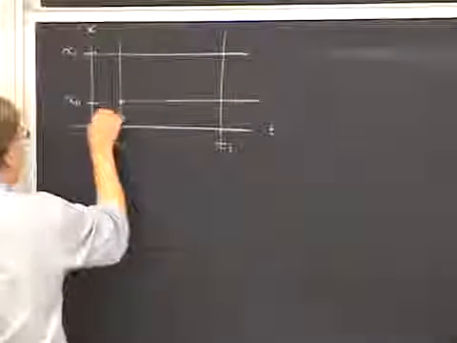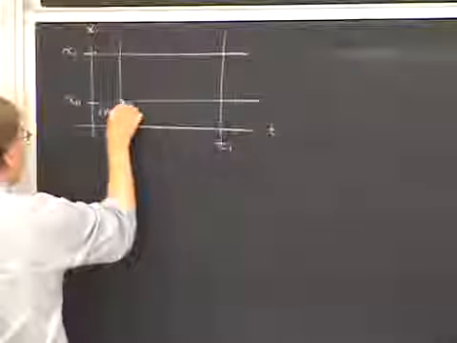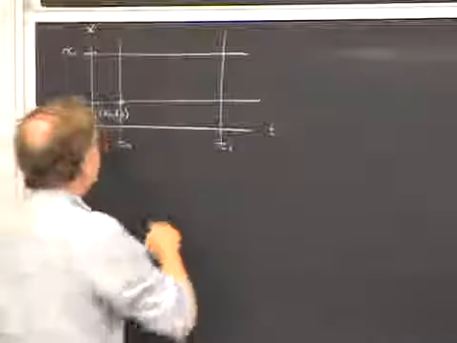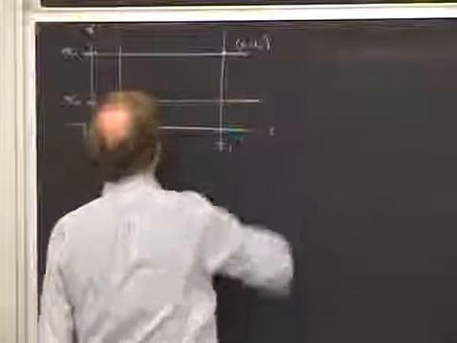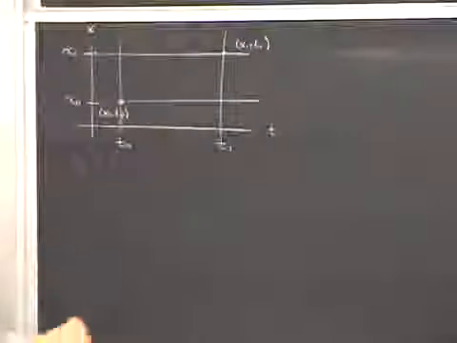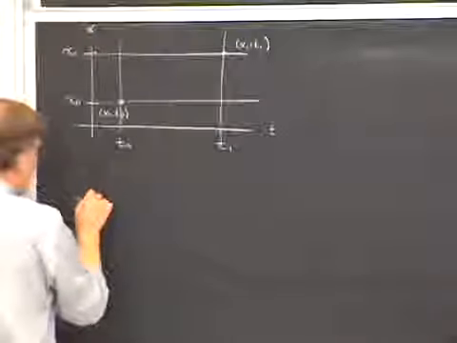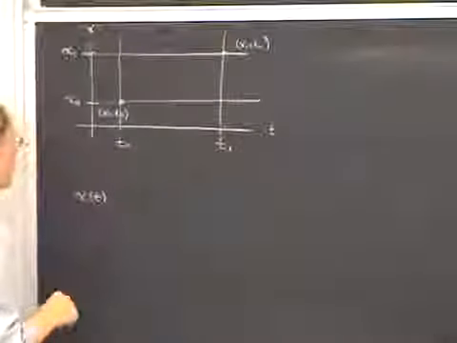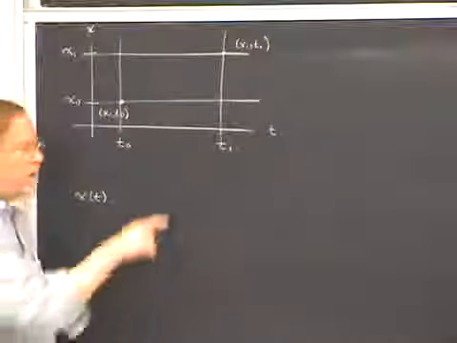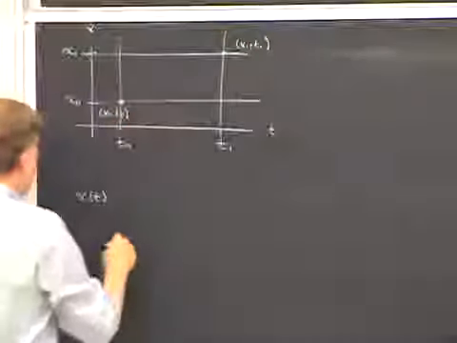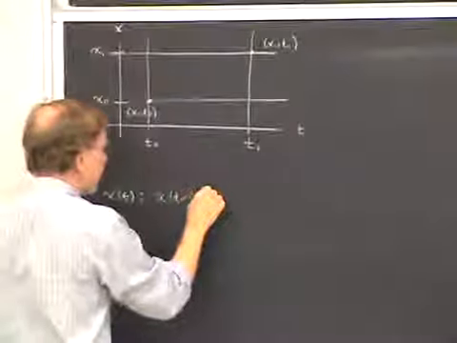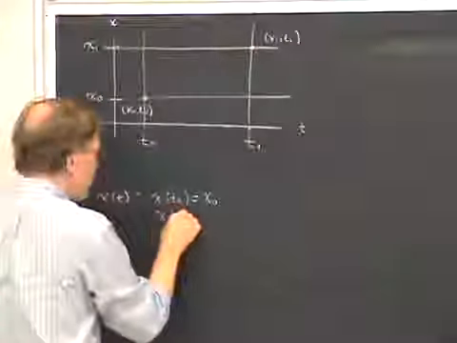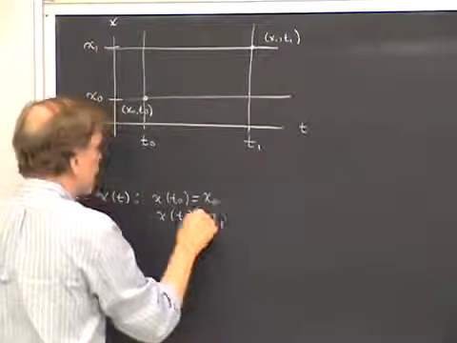The lower left corner is x0, t0, which we think of as initial position and initial time. And the upper right corner is x1, t1, which is the final position and time. Now, we define a path as a function x of t that passes through these given endpoints and end times, so it satisfies the condition that x evaluated at t0 is equal to x0, and x evaluated at t1 is equal to x1.